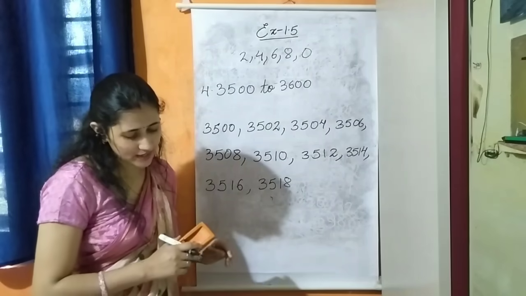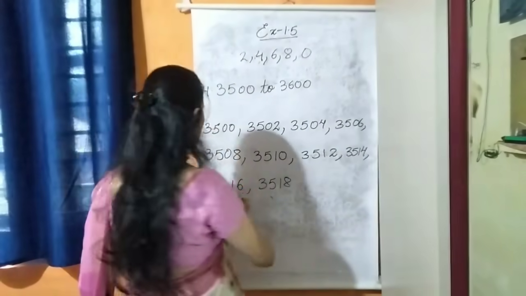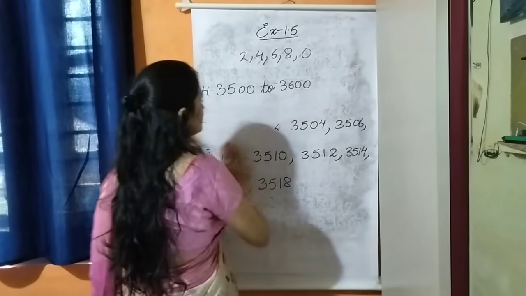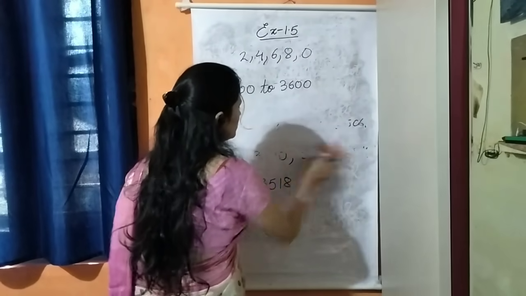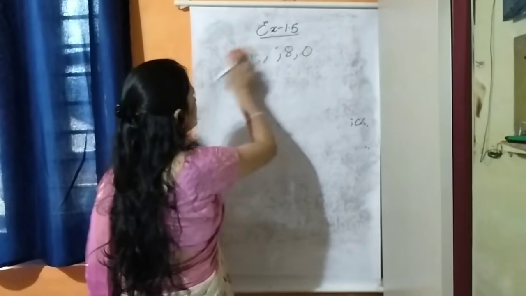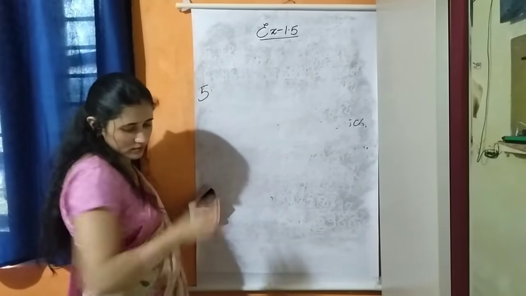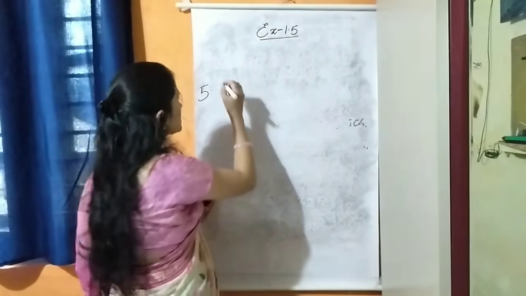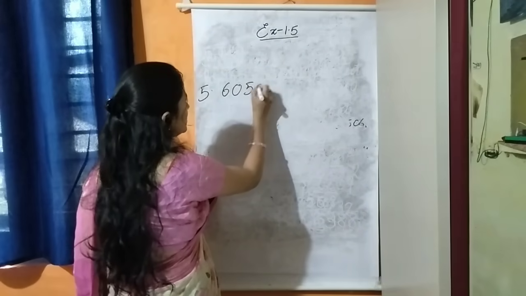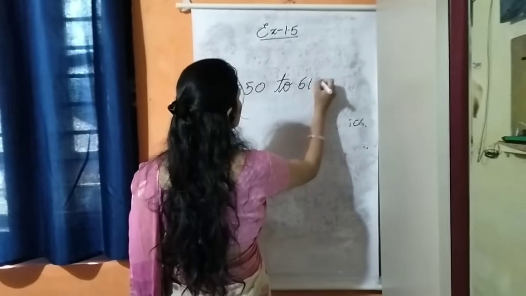Okay, then next is: write any 10 odd numbers from 6,050 to 6,100. Now, fifth question, odd numbers between 6,050 and 6,100.